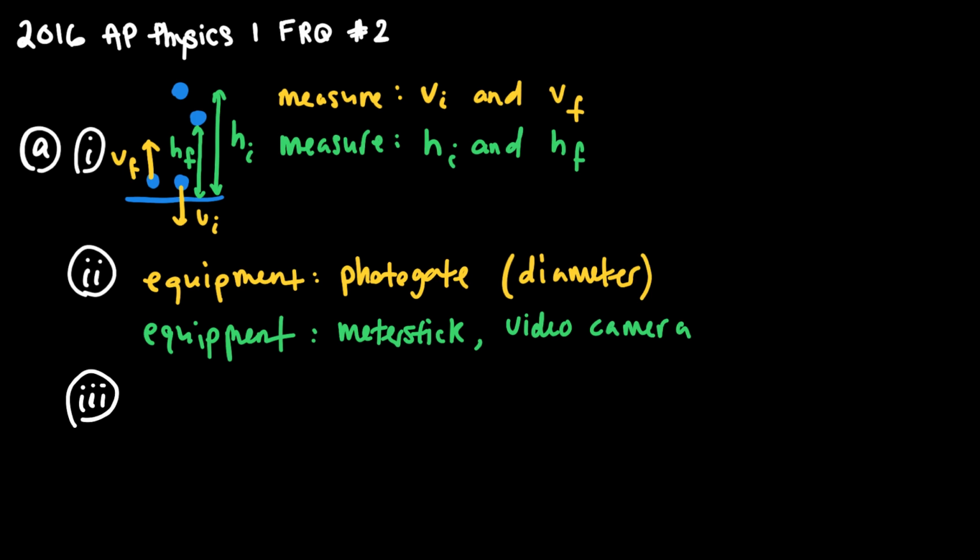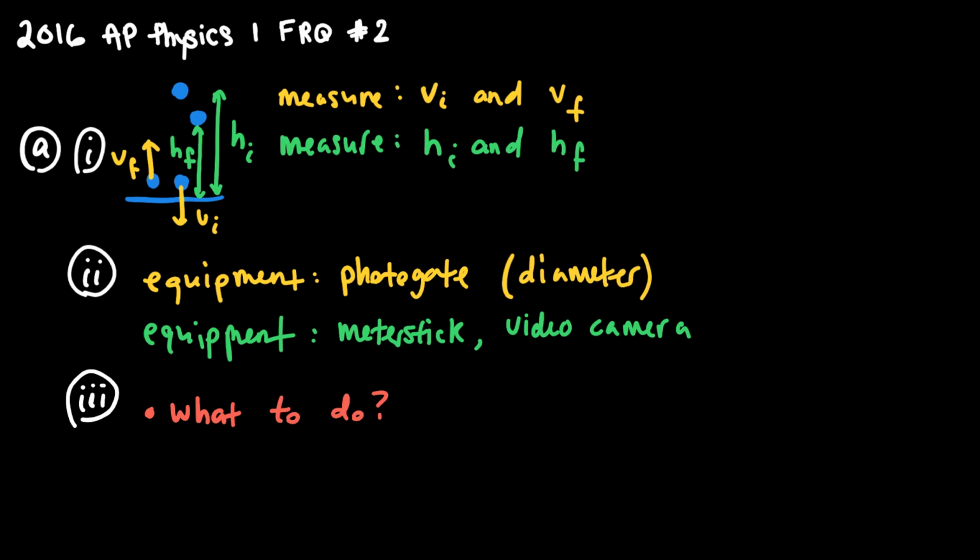The first thing that we need to talk about is, what are we going to do? There I'm probably restating that the photogate needs to be in place, and we need to drop the ball from a height such that the photogate can read the initial and final speeds.